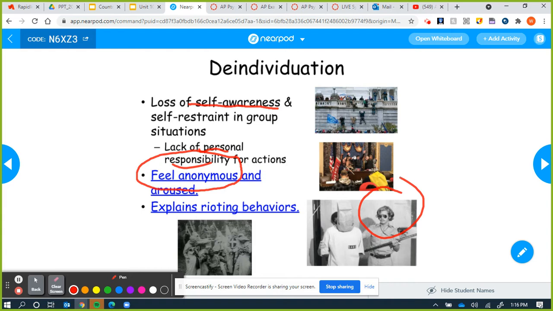Just the act of wearing sunglasses makes us feel more anonymous. Uniforms make you feel more anonymous because you're all just one thing. It could help explain police violence and why they may act in certain ways when they have a uniform on versus not. Something as simple as having Greek letters on your shirt can de-individualize.